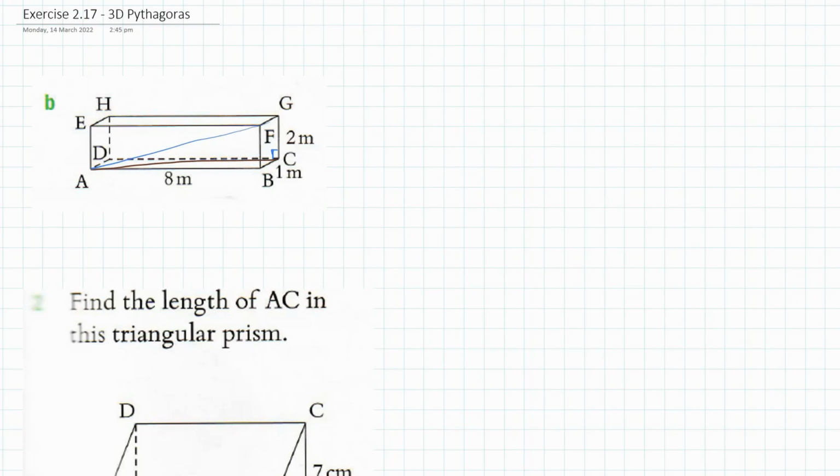Now I want you to imagine that is a triangle. Here's A, here's C, and here's B. And it's a right angle triangle because ABC is a right angle. We know that AB is 8, and we know that BC is 1, and therefore we can work out AC.